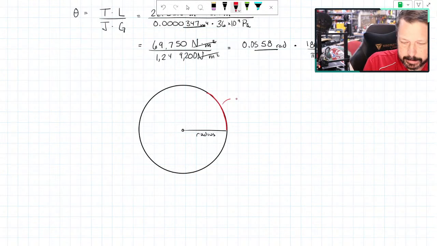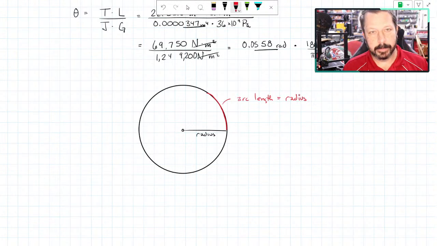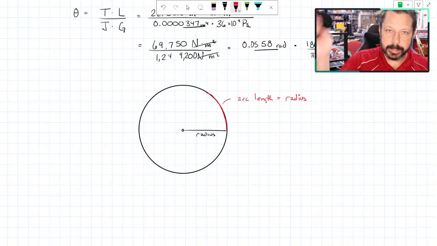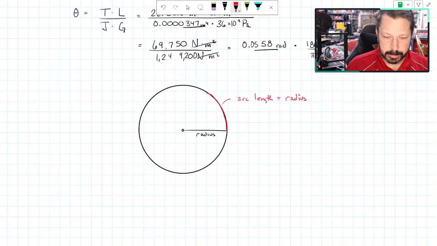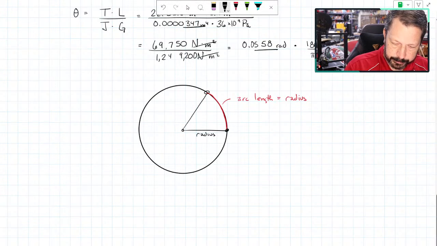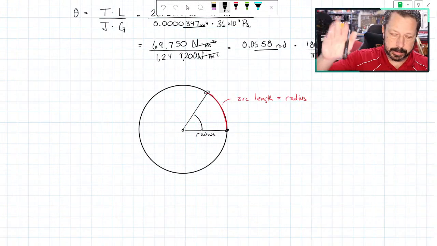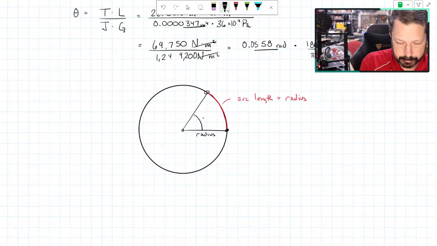That red line is an arc length, and it equals whatever that radius was. So if the radius is 1 inch, then I drew a 1 inch arc on the circle. And if I connect these points here, this angle that is formed when I sweep that radius through that arc length, that's 1 radian.